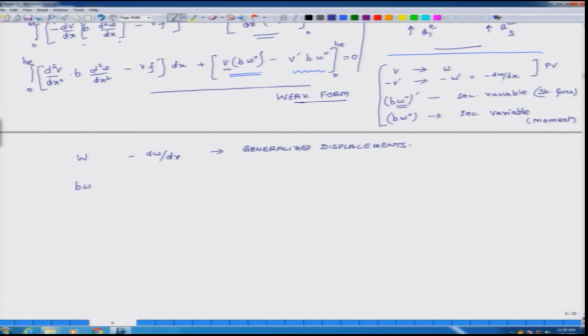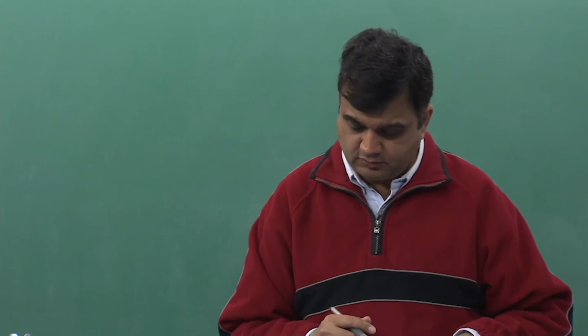So, these are generalized displacements, and these secondary variables, the shear force and B W prime prime, are called generalized forces. So, this is a moment, this is shear force, but in a general sense we call them generalized forces.